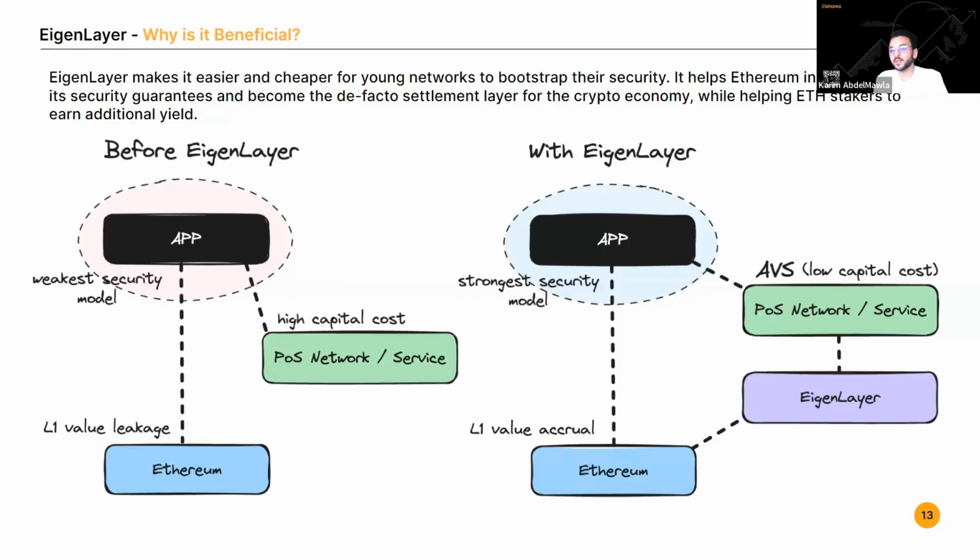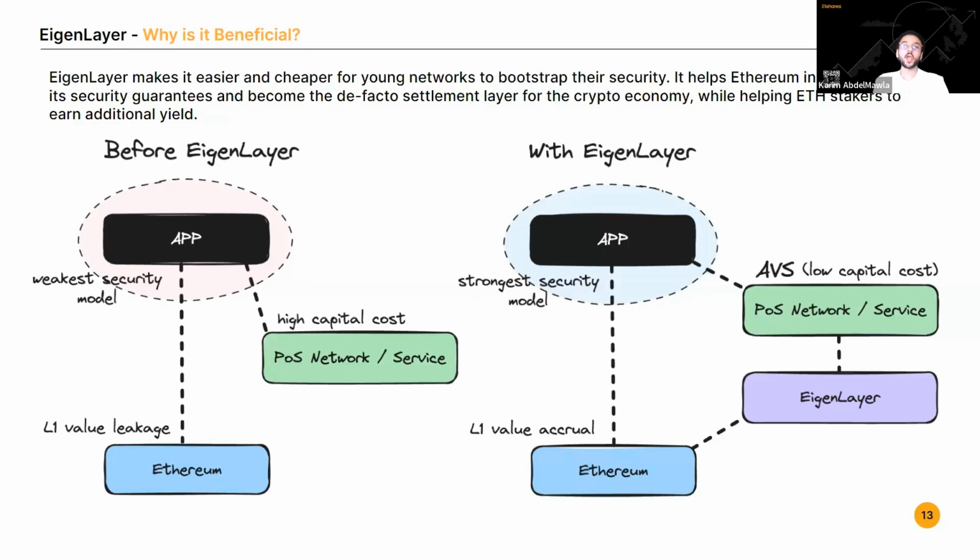This is quite an exciting opportunity for people who believe in the security of Ethereum and the network itself, but don't want to risk their capital elsewhere. So this is a way to earn further yield while still adhering to the same network.